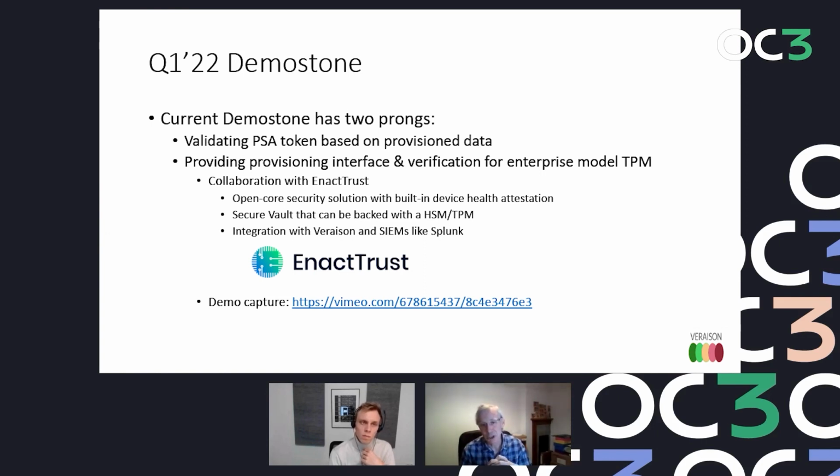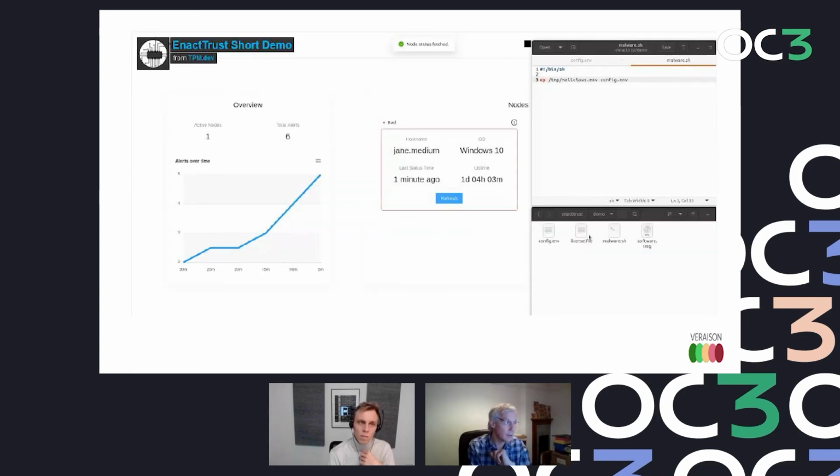I'll let you visit it in your own time, of the integration between the products. Previously, they did all this work themselves, and they've split this apart to use Veraison components for the provisioning of data discovered in the enterprise and for the verification passes. And that is a nice screenshot from their demo.